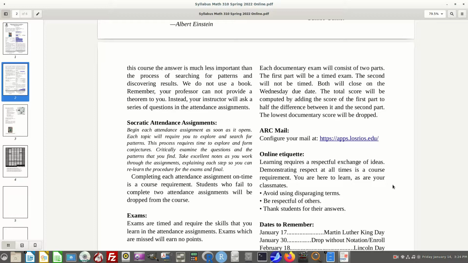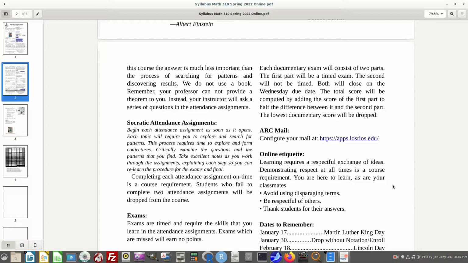For example, consider those coins. That took us to a place where we basically discovered that something was very wrong with using coins to model fractions. Take excellent notes as you work through the assignments, explaining each step so you can relearn the procedure for the exams and final.